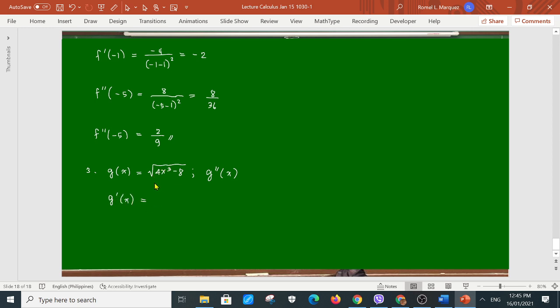That is a radical. I can go directly, di ba? I told you the formula already for the square root: derivative of the inside, 12x squared, over 2 times the square root, and you just copy. That's the shortcut. Which is equal to 6x squared over the square root of 4x cubed minus 8. Okay?